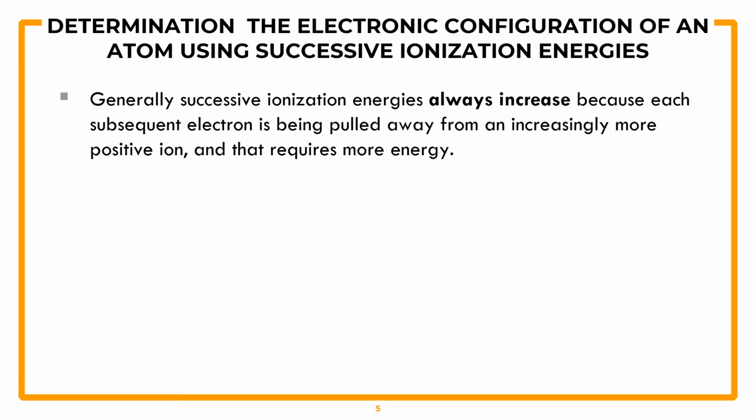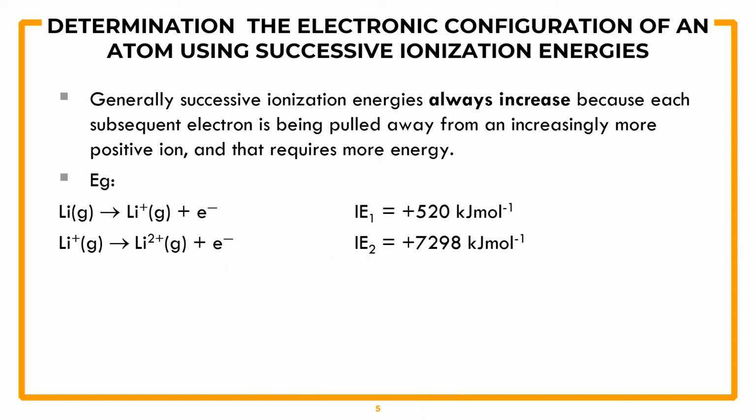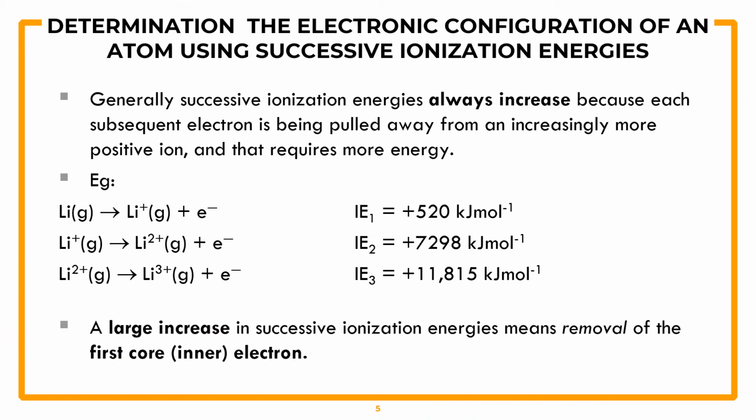So this is the explanation of what we have discussed just now regarding the determinations of the electronic configuration of an atom using successive IE. So in general, we can see that the successive ionization energy will be increases.